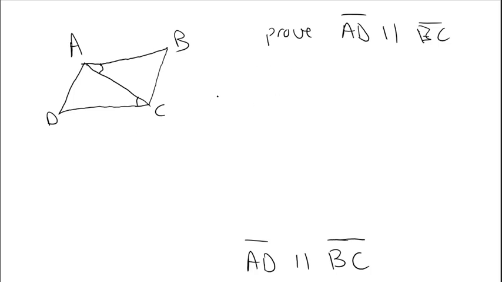So without any other context other than the fact you're trying to prove parallel lines, we can almost automatically conclude that somewhere in the proof we need to show that angle BAC is congruent to angle DCA. We can use some given information to do that.